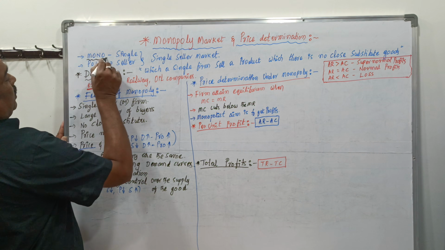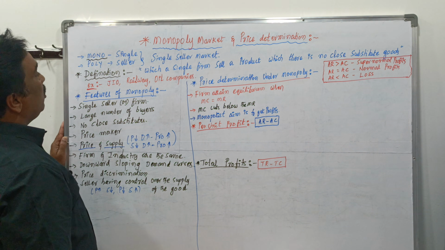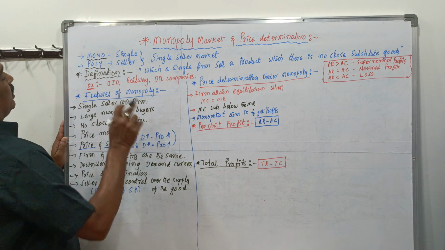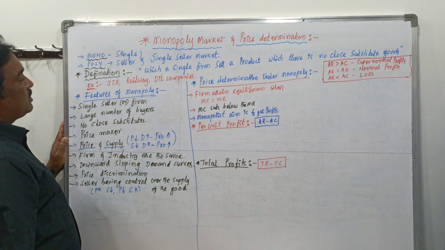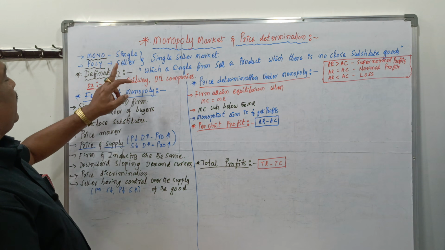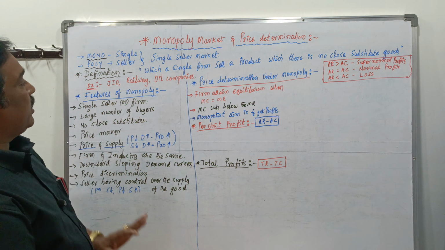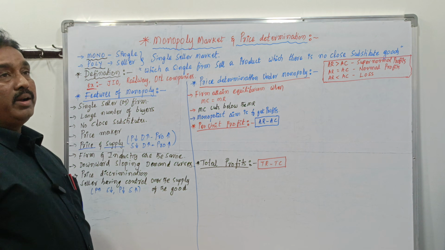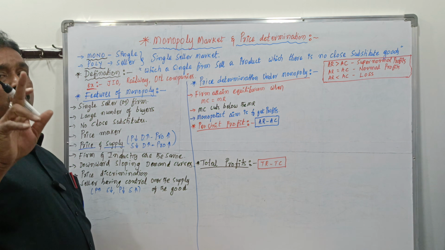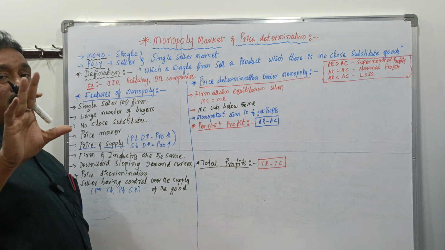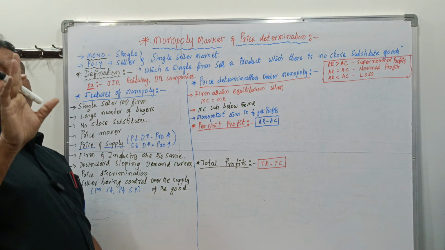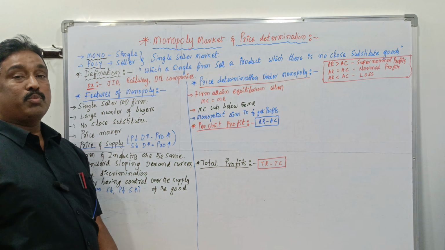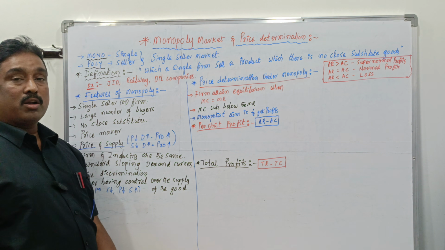Mono is a word coming from a Latin word meaning single. Poly is also a word coming from a Latin word meaning seller. So finally it is called a single seller market. The monopoly market is called a single seller market, where only one firm is selling the product in the market, and that seller also decides the price and produces that product for the whole economy.